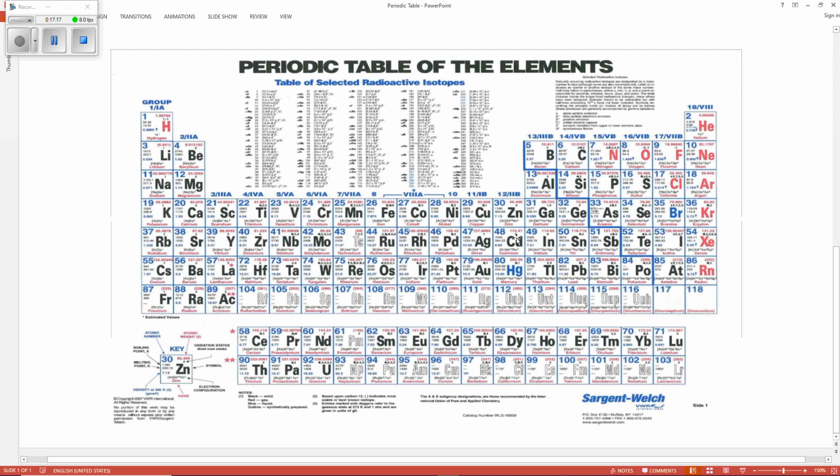Now the non-metals, on the right side of this line, have solids, all the gases, including hydrogen, and also a liquid. So non-metals have all different kinds, while the metals are mostly solid.